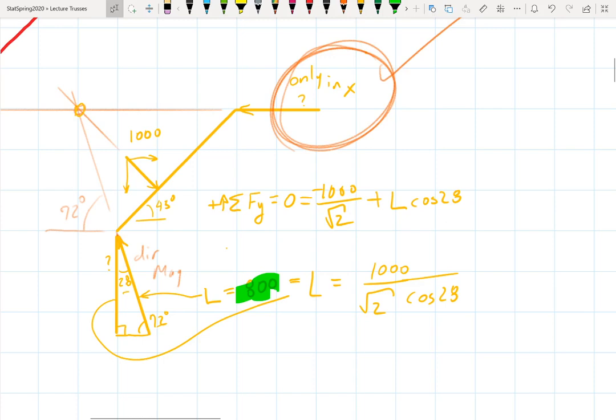So if we sum the forces in the y, and that looks like that's where this came from, we get 1000 going down over square root of 2, and this we've had as the cosine of 28. Let me do this on my calculator off screen here real quick.